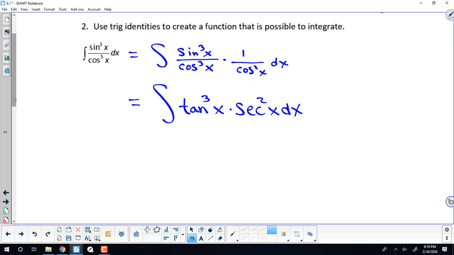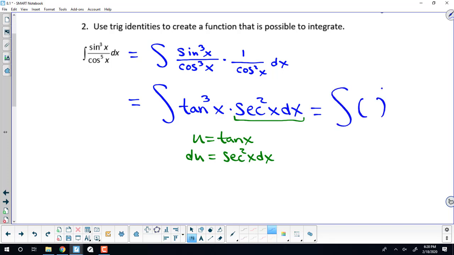We're going to say u is going to be tangent. That way du takes care of the rest. Derivative of tangent, secant squared. So all of that's du. So it just turns into u cubed du.